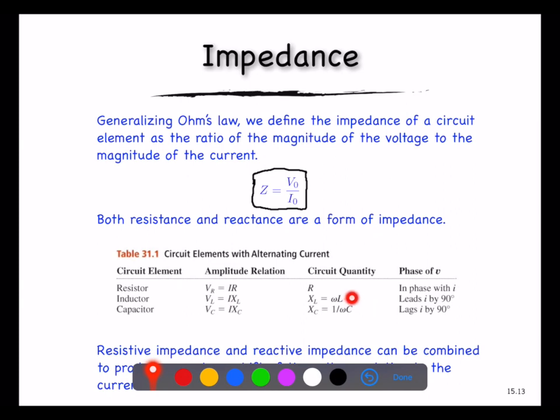Or if we have a capacitor, the reactance of 1 over omega C. These quantities, resistance, omega L, or 1 over omega C, are all called impedances. Okay, so reactances are impedances that lead or lag by 90 degrees, and resistance is an impedance that's in phase, meaning the voltage is in phase with the current. But in general, impedance is the term that we use to represent the ratio of maximum voltage to maximum current in a circuit.